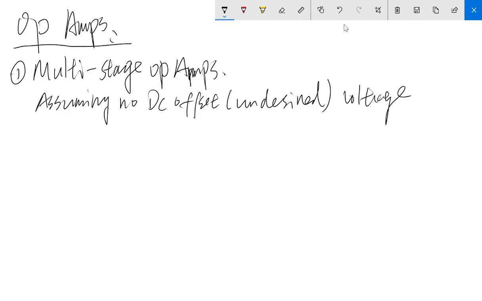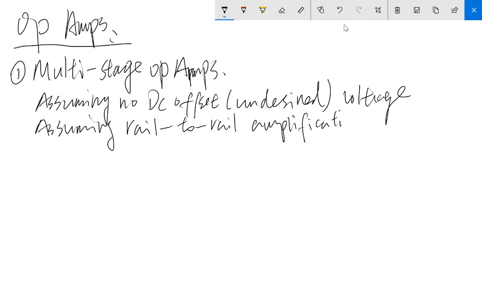And also we assume that it's a rail-to-rail amplification. So based on these given conditions, you are supposed to design an amplifier within a certain bandwidth.